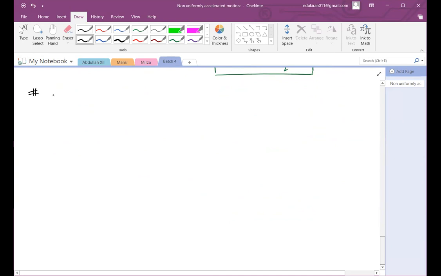Next is the third equation of motion, which is v square is equals to u square plus 2 times of s. It will be termed as the velocity displacement relation.